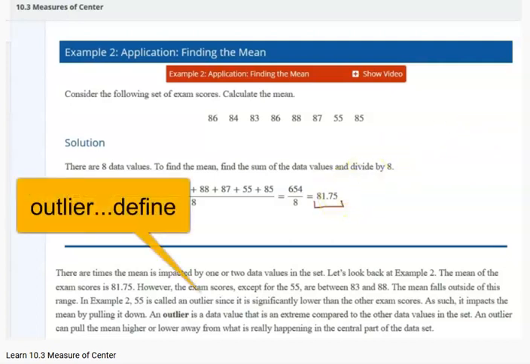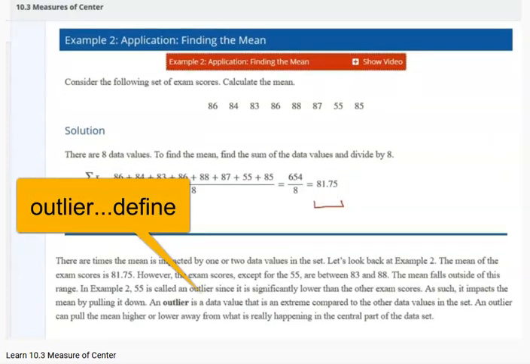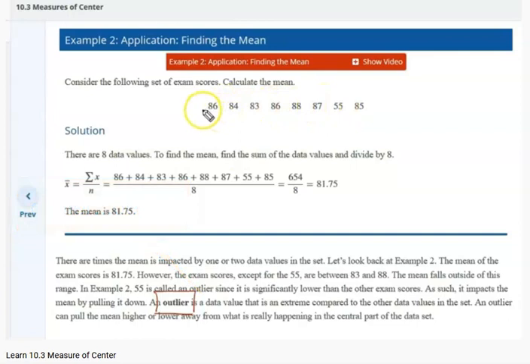Now, a word I'd like you to add to your vocabulary is written up down here. You're hearing this in the news every once in a while, and they speak of what is called an outlier. Now, normally when you look at your data, here all of these scores are sort of in the ballpark, and so is this one.